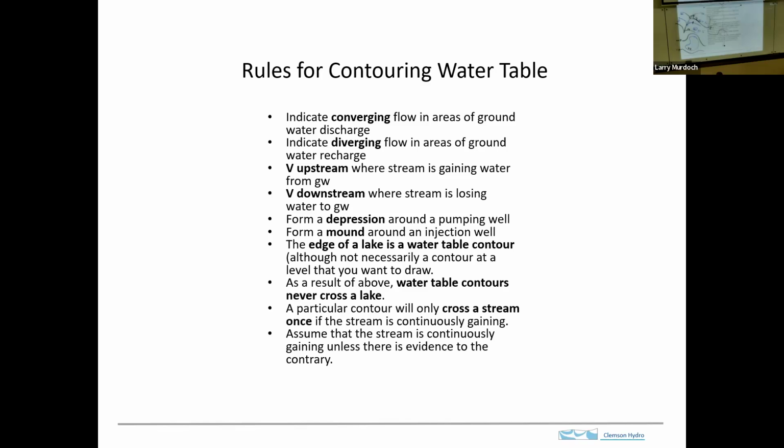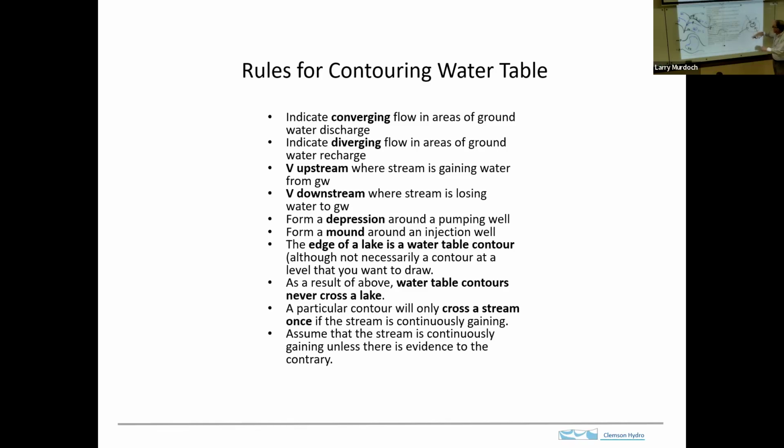And then where we have contours that form depressions, 8, 9, and circular or whatever, then the flow is coming towards this, and this is some kind of a sink for the groundwater, so flow is converging on that, and it's being removed somehow.